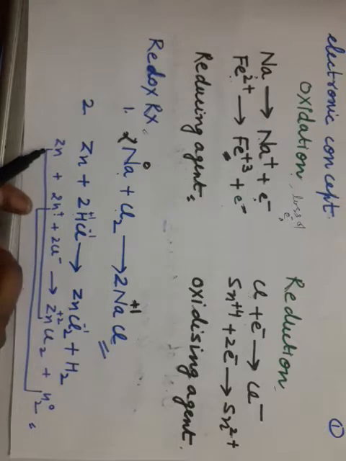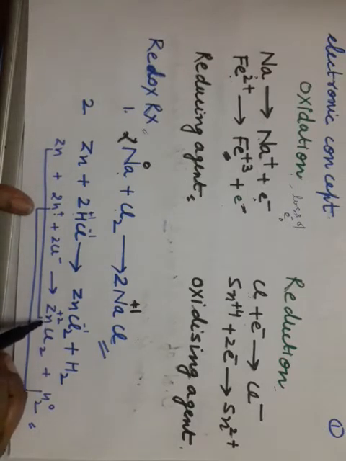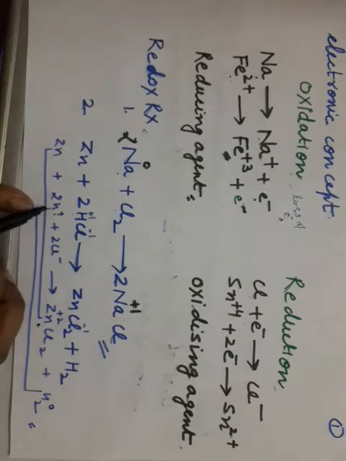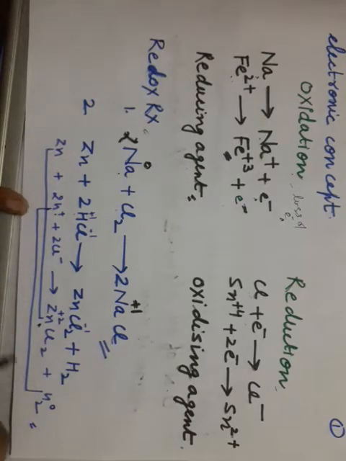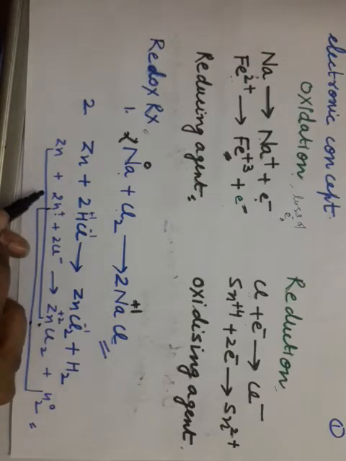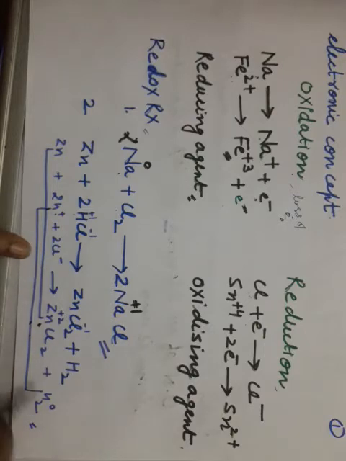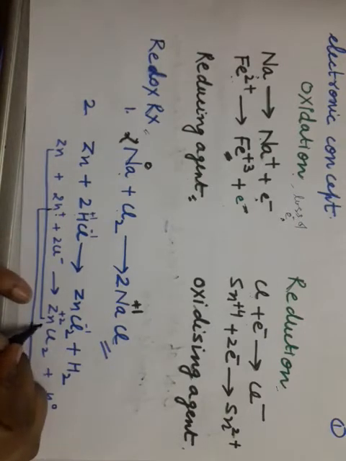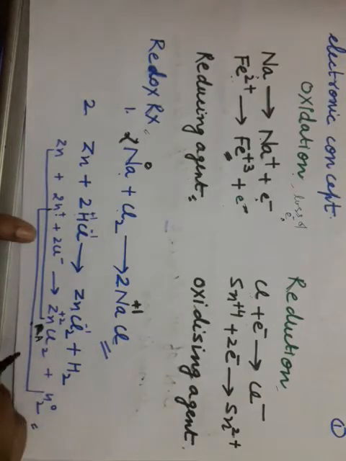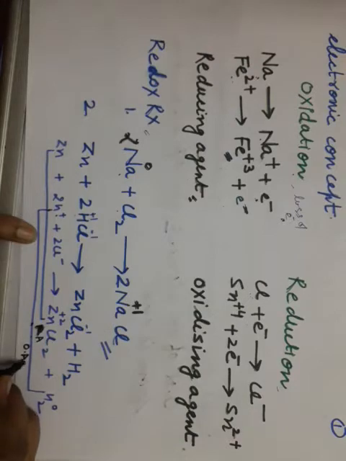So if zinc loses 2 electrons, oxidation takes place. If hydrogen gains electrons, reduction takes place. The element involved in oxidation is called the reducing agent, and the element involved in reduction is placed in the category of oxidizing agent.